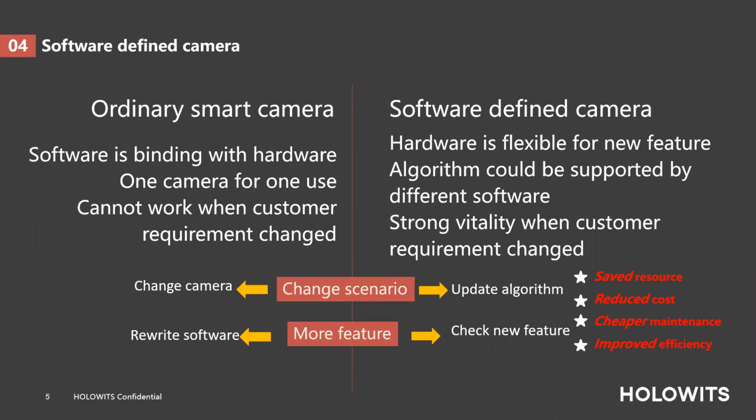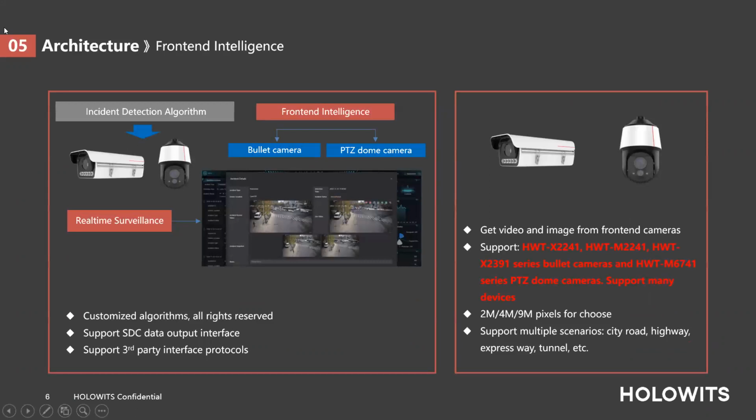We change the scenario by updating the algorithms instead of changing the cameras. We can also get more features by rewriting the software. So we can save many resources, reduce the cost, lower maintenance, and improve efficiency.